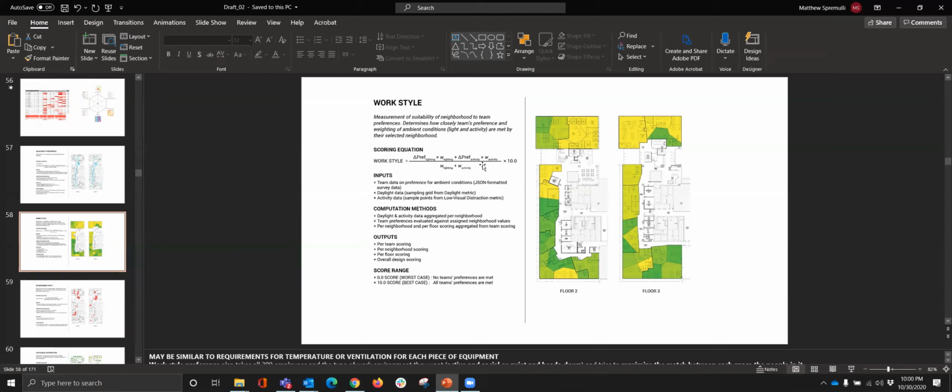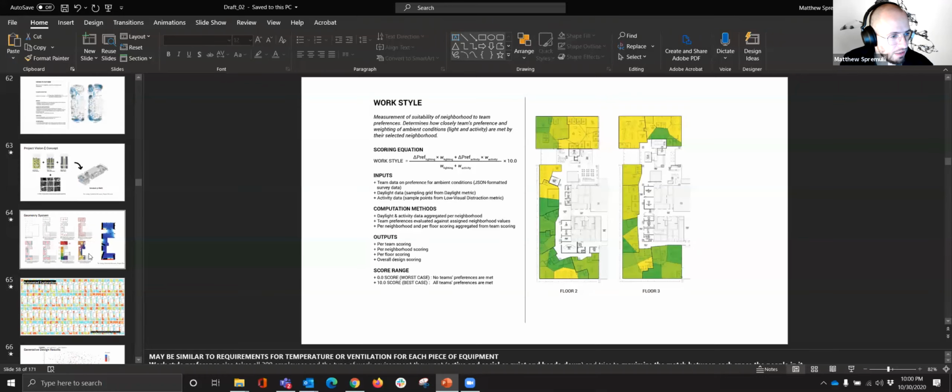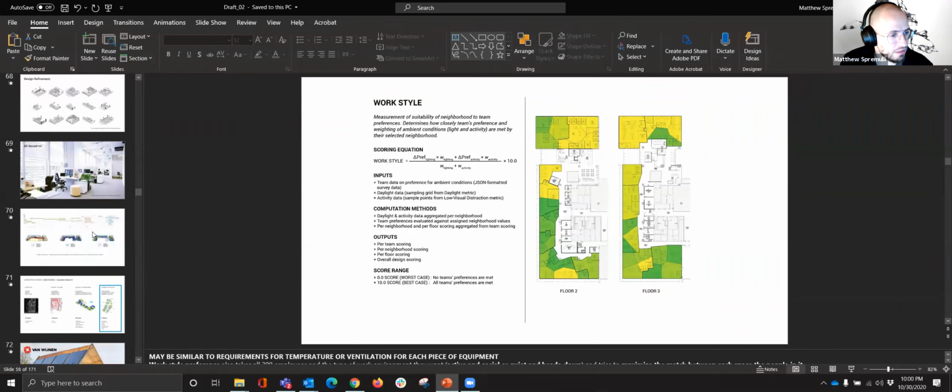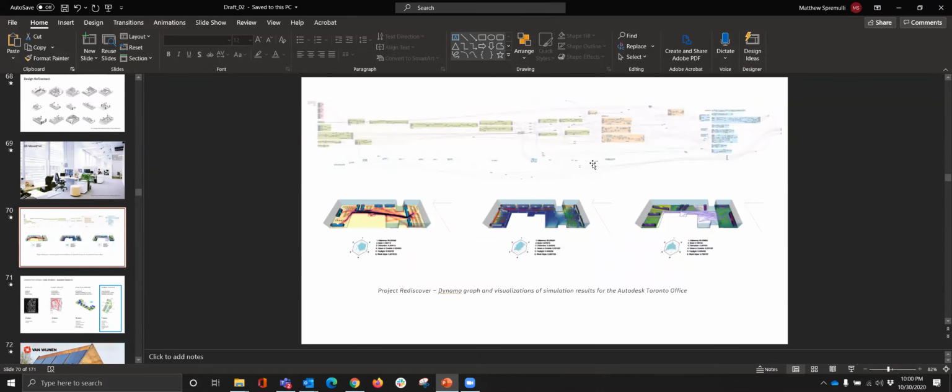So if a client or customer wants to change this kind of equation, the tool can change the formula. Yes, so let's say we are looking at our Dynamo graph.